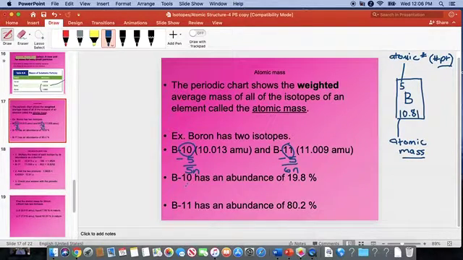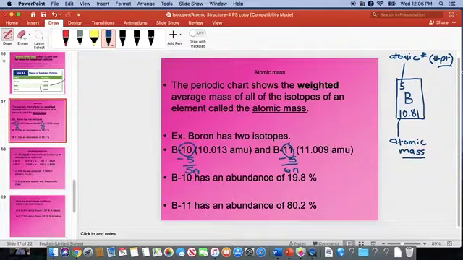So they have found that boron 10, you would find about 19.8% of the atoms in that chunk of boron would be the boron 10, which only have 5 neutrons. And they have found that boron 11, which has 6 neutrons, would be about 80% of that sample of boron. And these percentages are always the same no matter where you find a chunk of boron, for example.